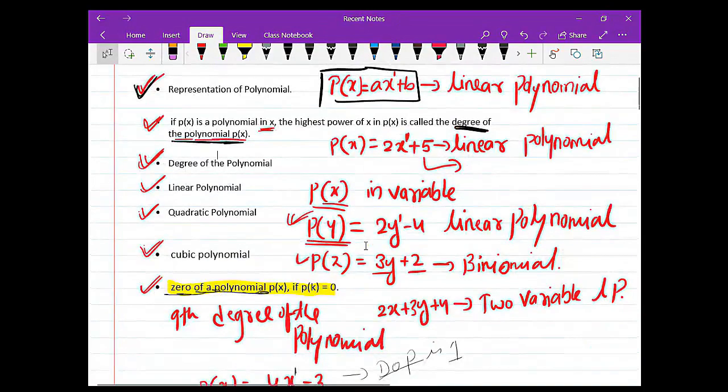And then what about the zero of the polynomial? The zero of the polynomial is nothing but the root of the polynomial, because when we put the value of x in the given polynomial, the value of the polynomial becomes 0.